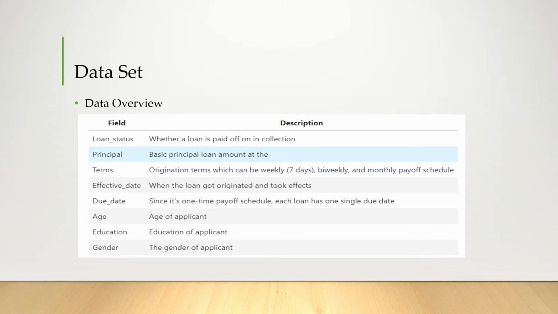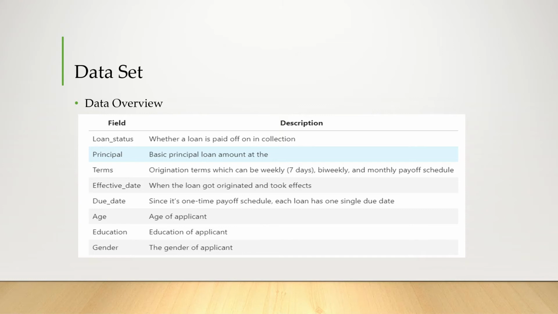The dataset has 10 columns, two dummy columns that I already deleted, so 8 columns are left. The target value we want to predict is loan status, whether a loan will be paid off in time or not.